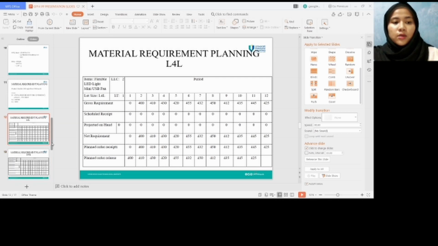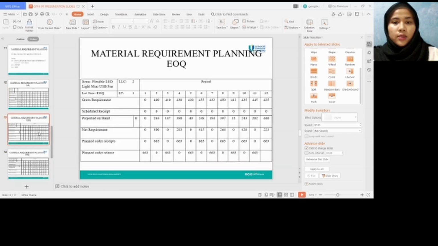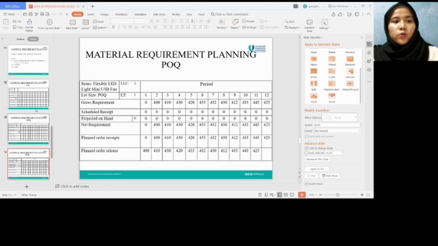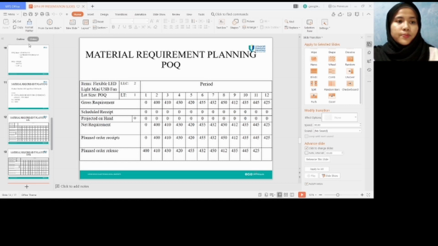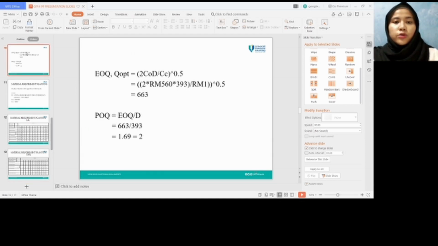Before proceeding to EOQ and POQ, we should do the calculation for Q optimum. The formula is the square root of 2 times cost ordering times demand, divided by cost carrying. So that is 2 times 560 times 393 per 1 times 0.1, and we get 663.